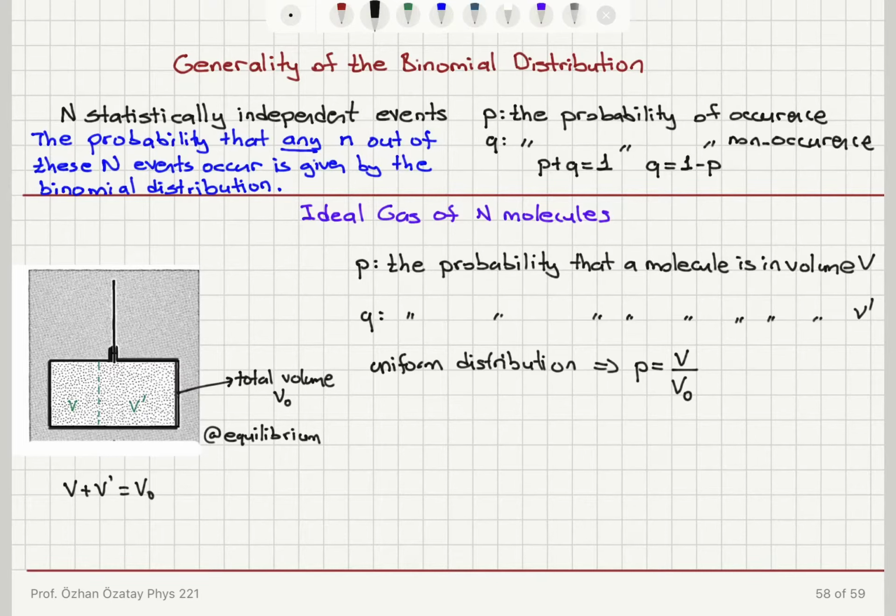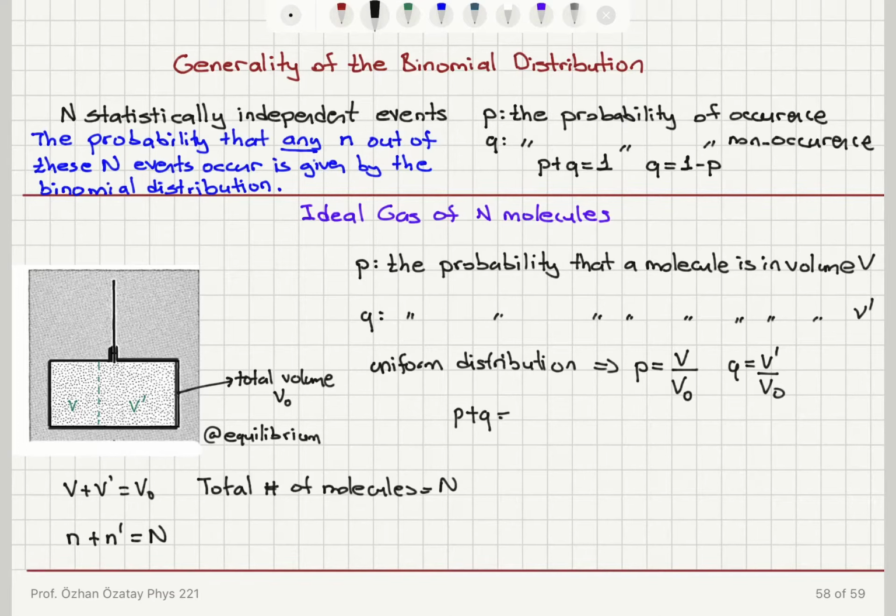So I have the total number of molecules is N, and the number of molecules in volume V plus the number of molecules in volume V prime is going to be equal to the total number of molecules N. Okay, so P is V over V0, Q is V prime over V0, and let's check if P plus Q is 1.